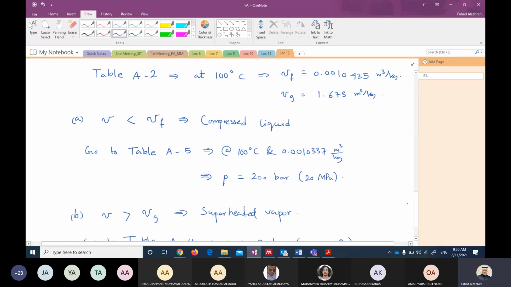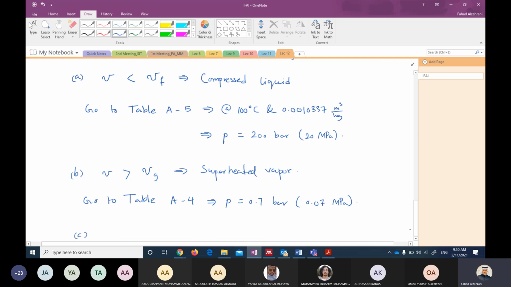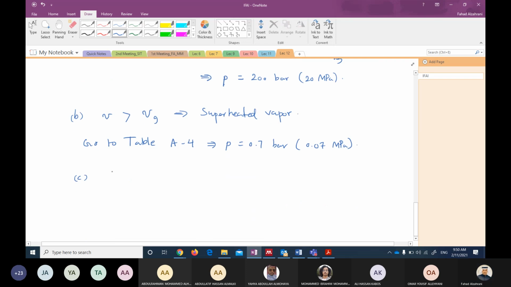So you will not see this specific volume, because it's in between VF and VG. V is in between VF and VG. That means this is in the saturated mixture region. So this is a saturated mixture.